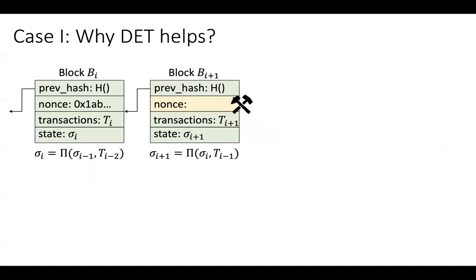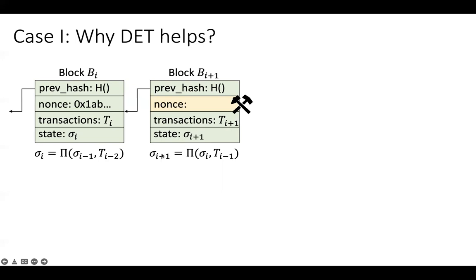So now let's look at why delayed execution of transactions helps in Tuxedo. Let's consider case one from our earlier scenario, where the miner is trying to mine block Bi plus 1, which includes transaction Ti plus 1 and state sigma I plus 1.